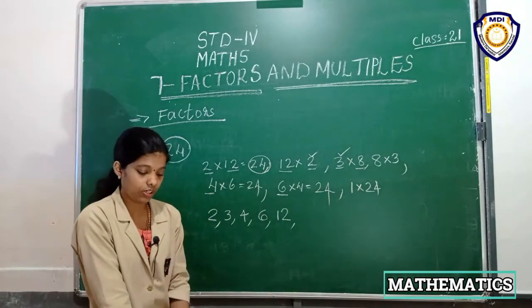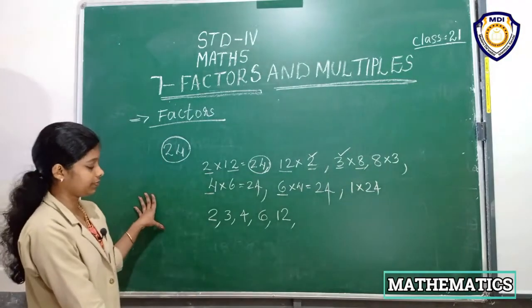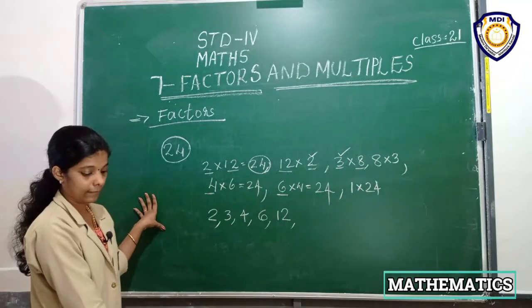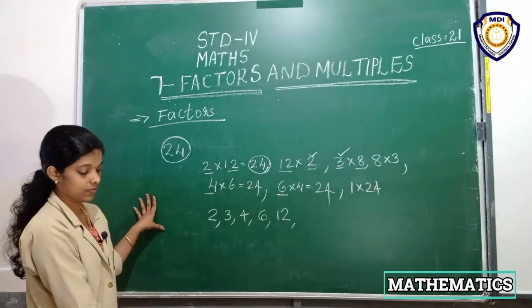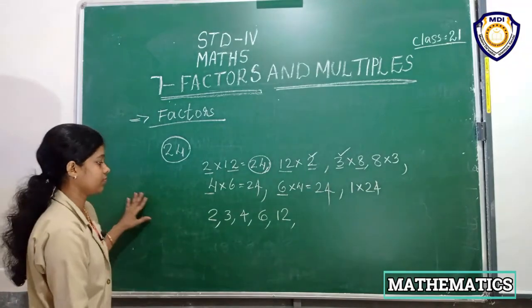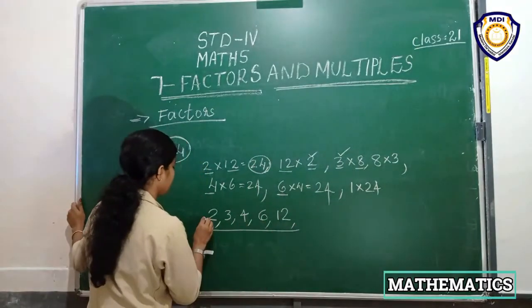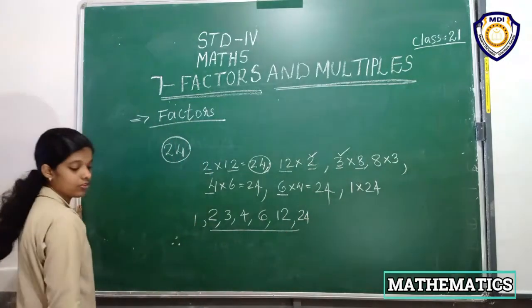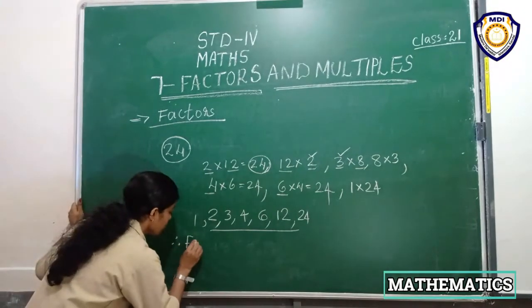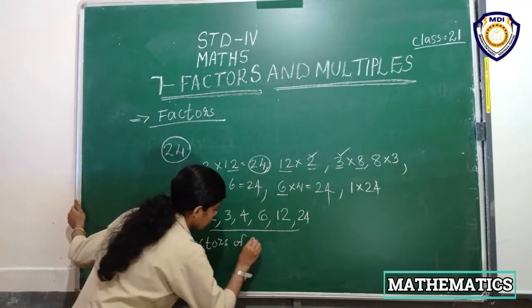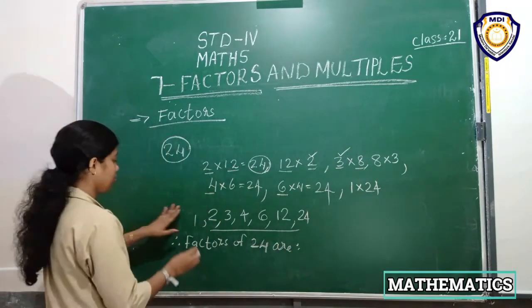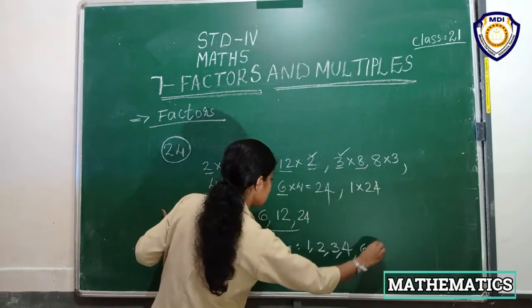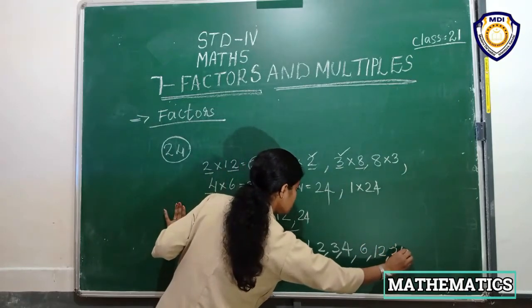1 into 24. Okay. Therefore, factors of 24 are 1, 2, 3, 4, 6, 12 and 24.